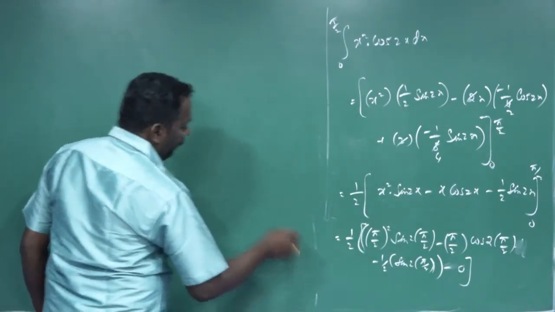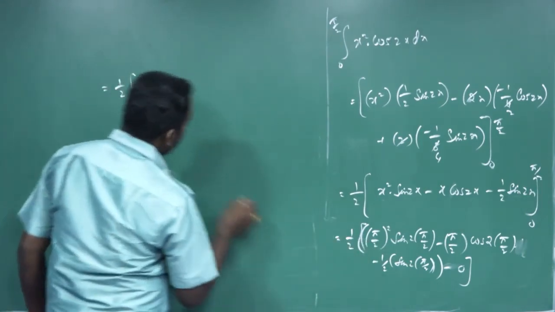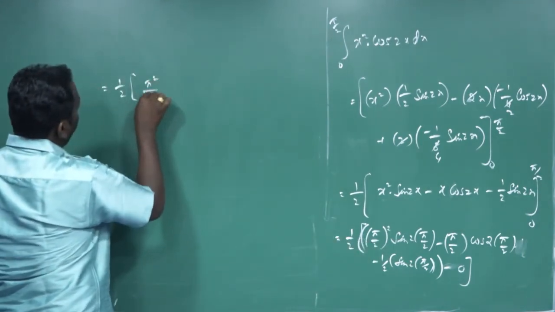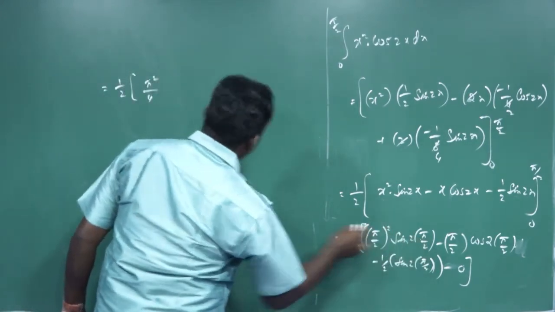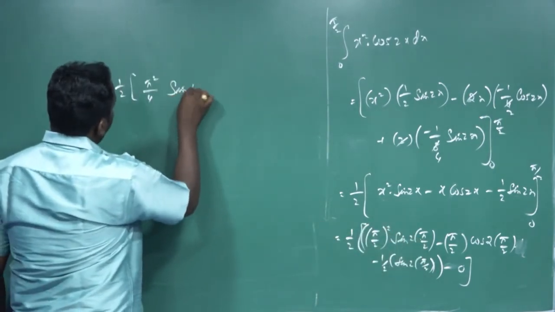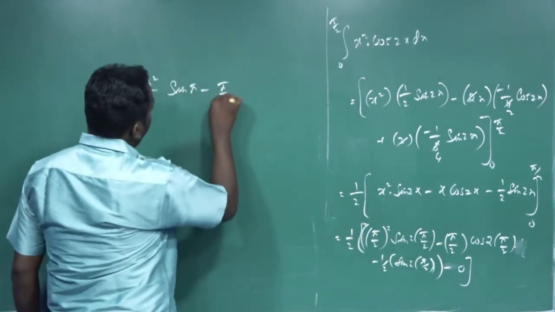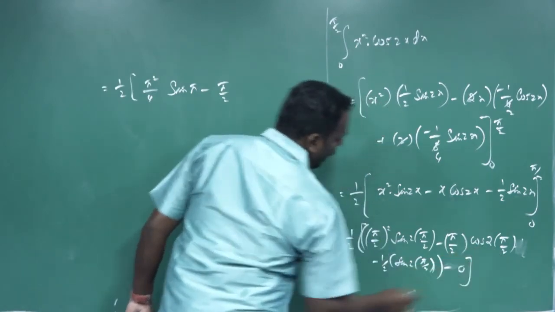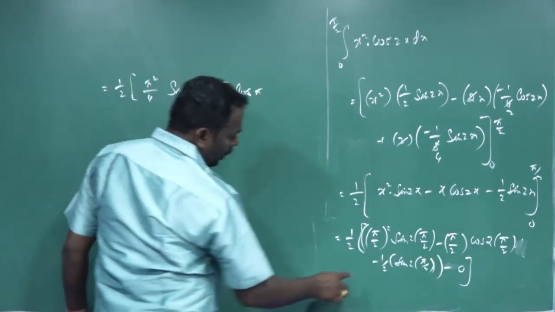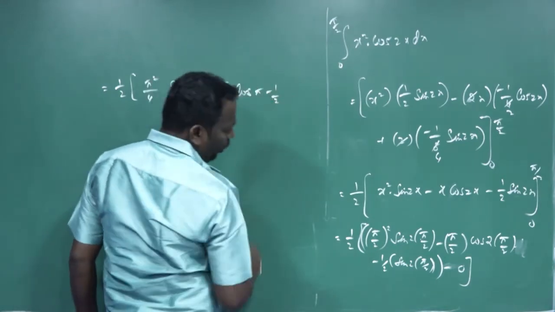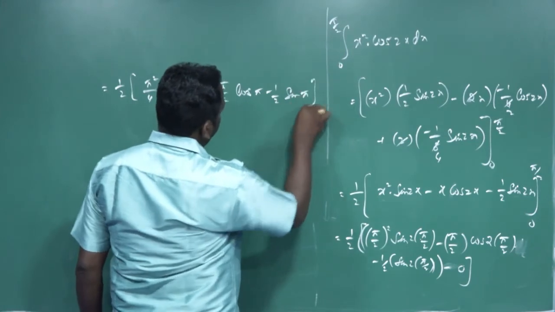Come to next line, it is equal to 1 by 2 outside, pi square by 4 into sin pi remaining, minus pi by 2 into cos pi, then minus 1 by 2 into sin pi.